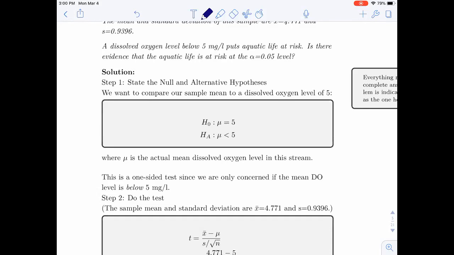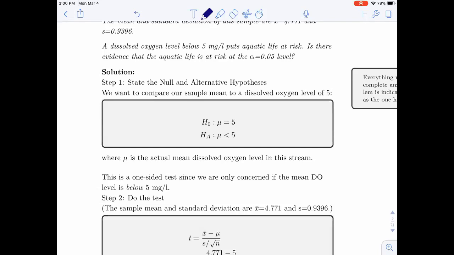Because we have the less than here, this makes it a one-sided test. And as you know now from assignment 4, you have to know if you have a one-sided or a two-sided test for your p-value, right? So we just make a note that we have a one-sided test here, and it doesn't come into play until step 3.